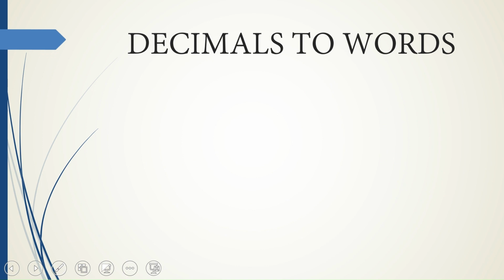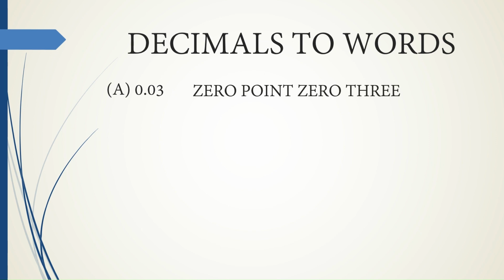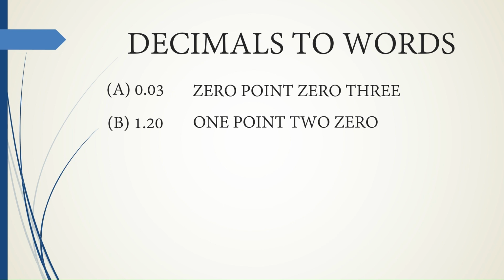And the next one is decimal to words. Here, while doing this, every digit after the decimal has to be read with its name. This is like 0.03. Then 1.20. Here we have the whole number part that we will read as a whole number only. 108.